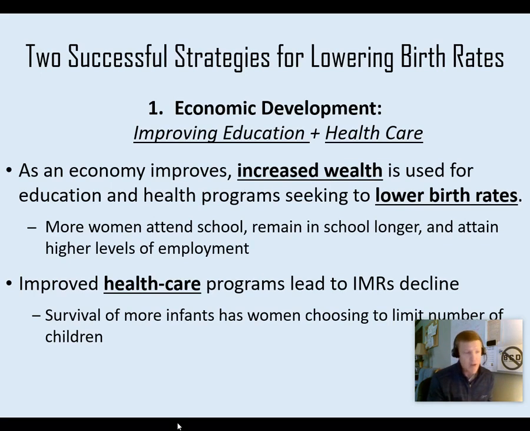When we talk about improved healthcare system, this kind of is counterintuitive, but think about it like this. If you have a country with an infant mortality rate that's super high, for example, the infant mortality rate in sub-Saharan African countries is 80. That means 80 per 1,000.